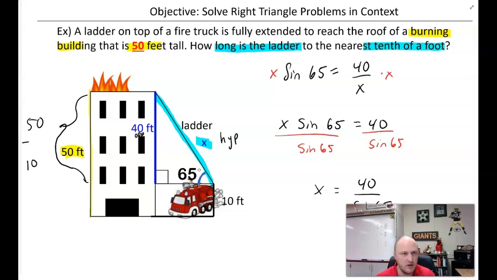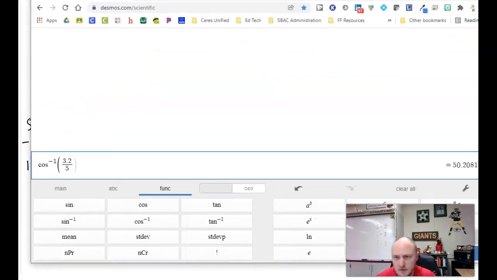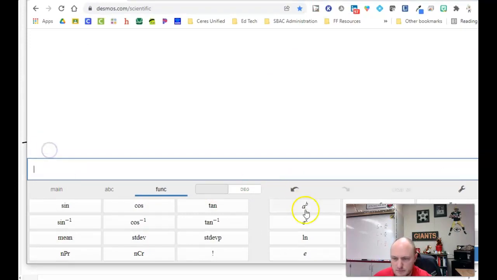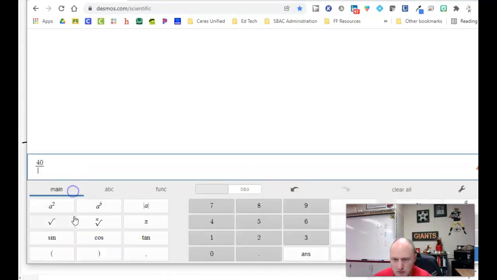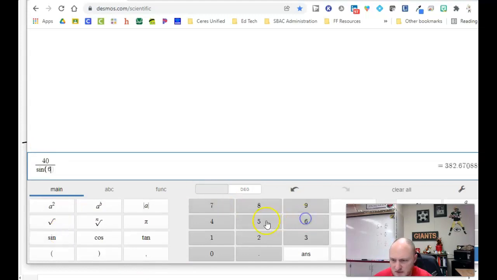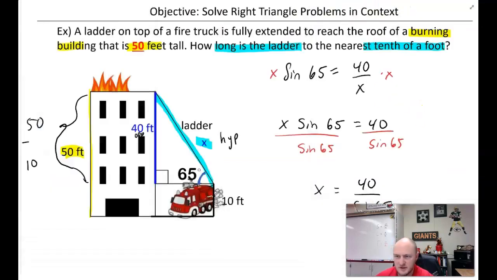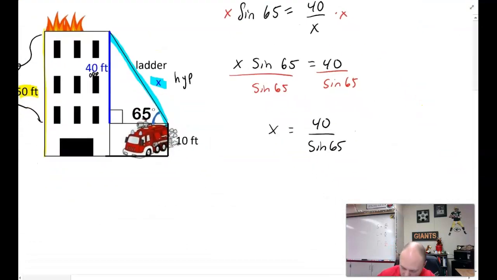So we'll go ahead and we'll plug this in. So we get 40 divided by sine of 65, and that's approximately 44.1. So they say to the nearest tenth of a foot, so approximately 44.1.